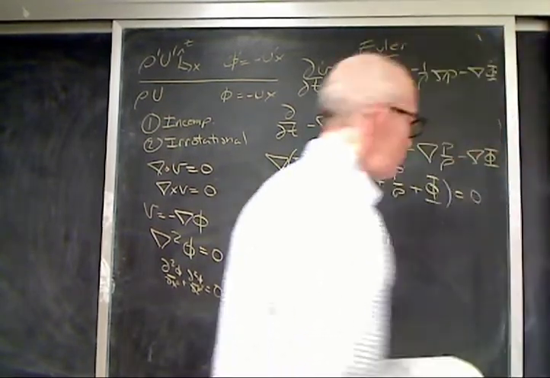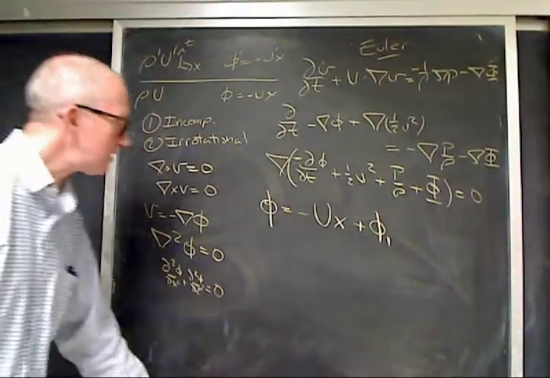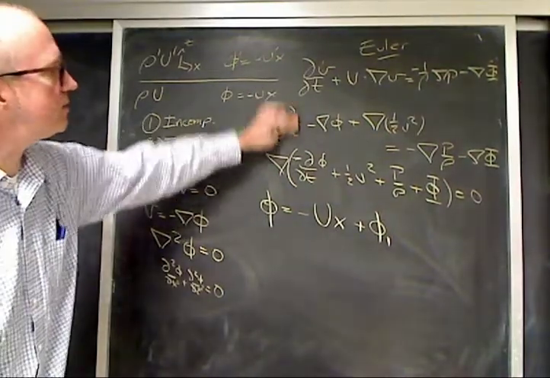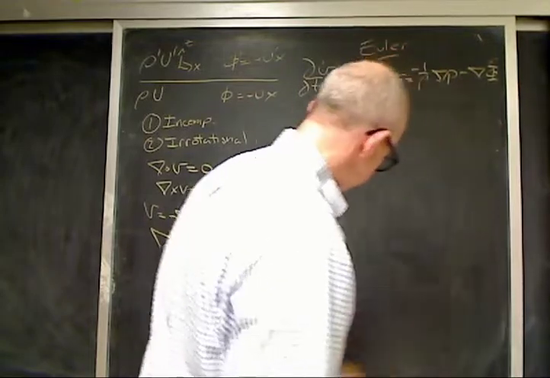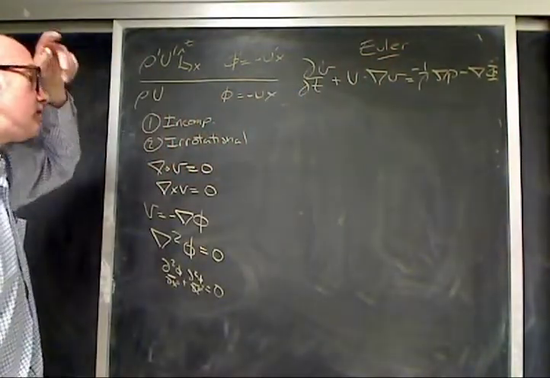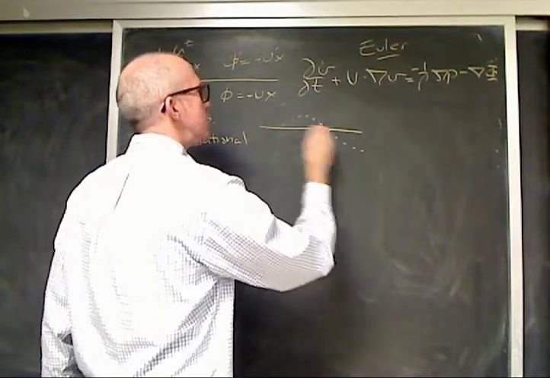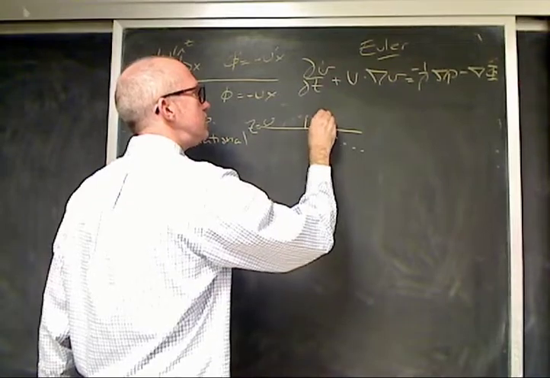So the next thing we need to talk about is actually what the interface is. And this is kind of weird. So the interface, this is z equals 0, and this we'll call xi.